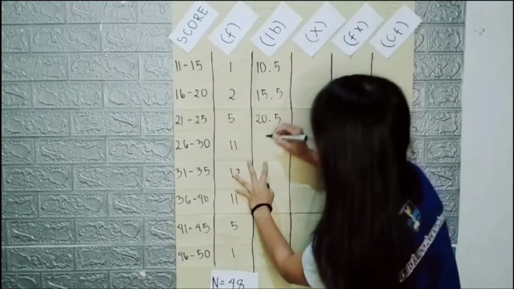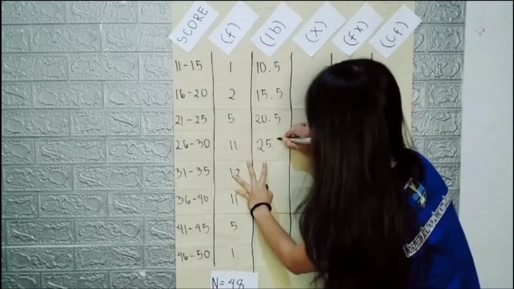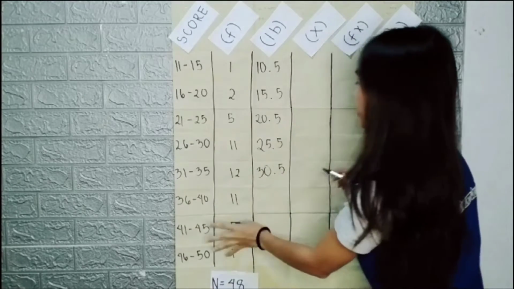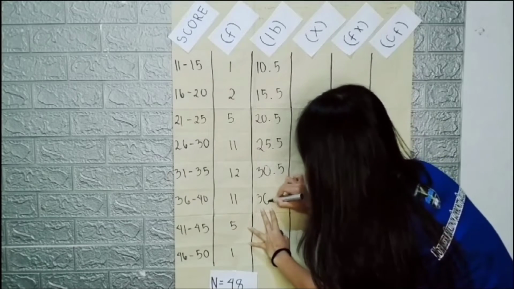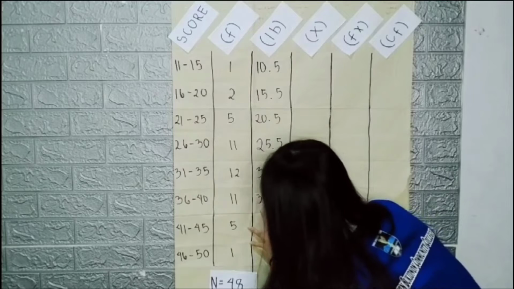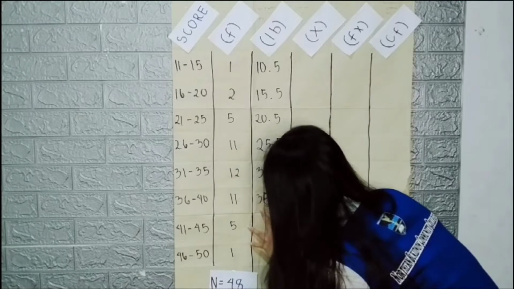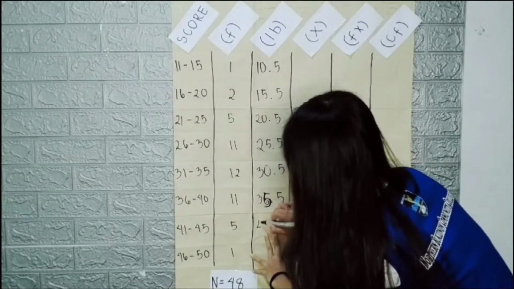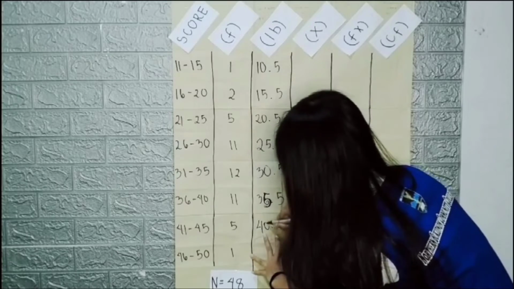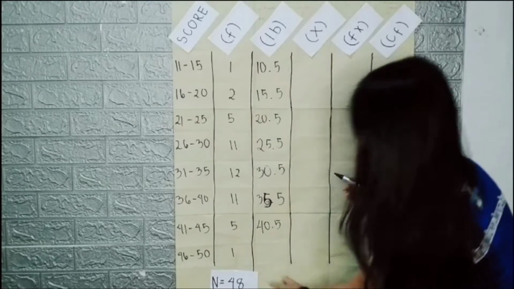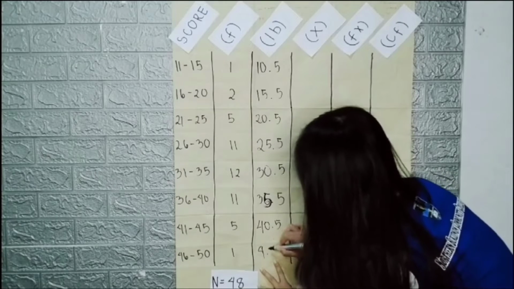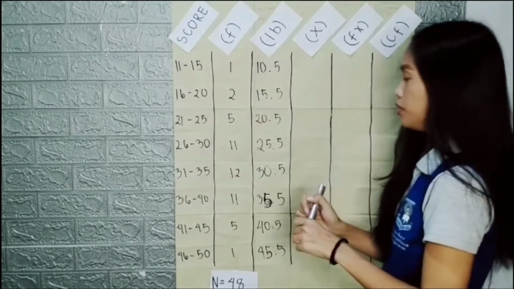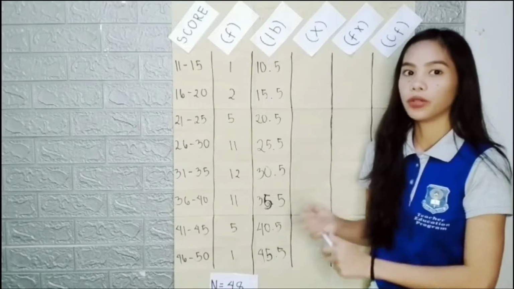And 26 becomes 25.5. 31 becomes 30.5. And 36 becomes 35.5. And 41 becomes 40.5. And lastly, 46 will become 45.5. So that's how we get our lower boundaries.